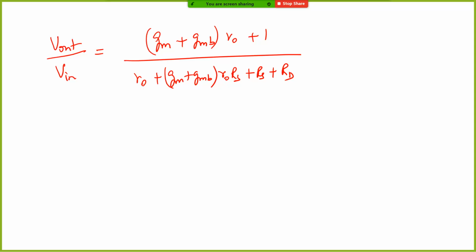And this expression will help us understand the gain that you will get. You will notice that the gain is basically positive. So that is one major difference. The gain is positive, which basically means that the output and input are in phase.